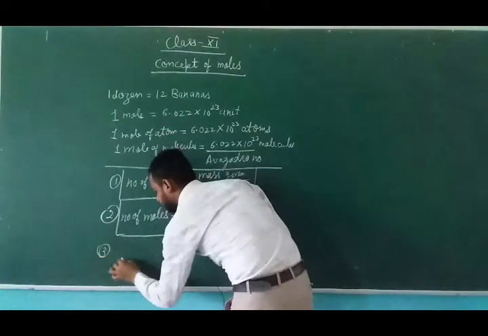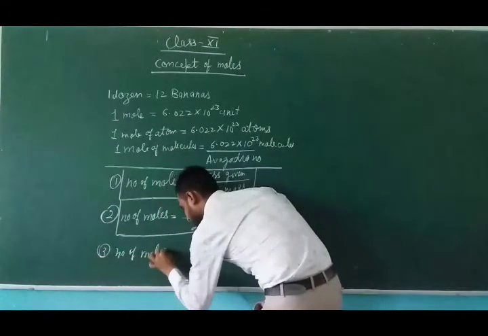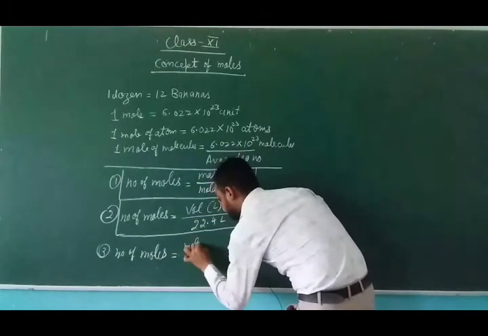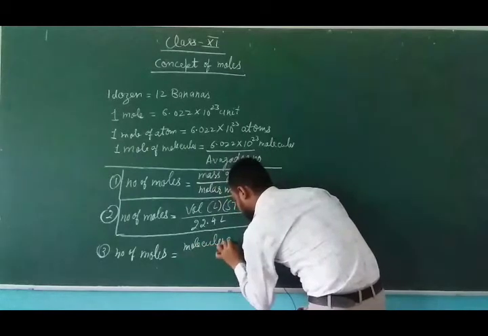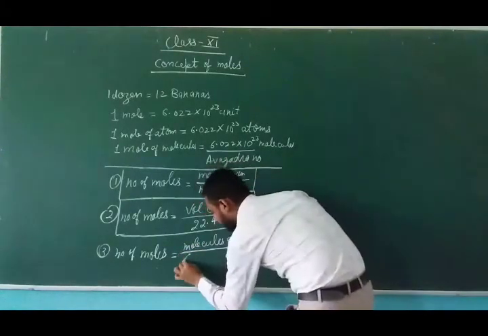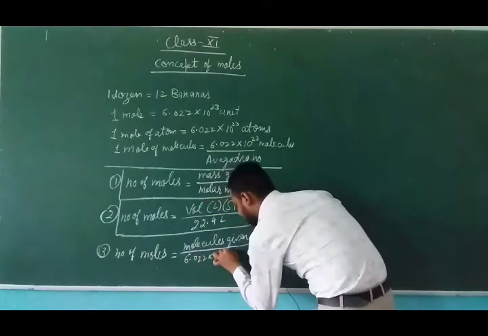And third one, number of moles is equal to molecules given upon 6.022 into 10 to the power 23.